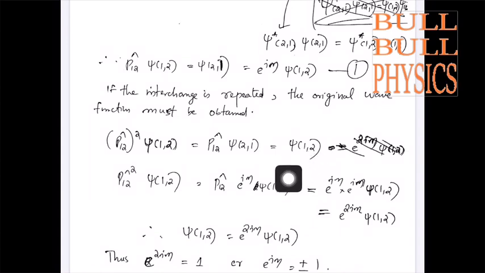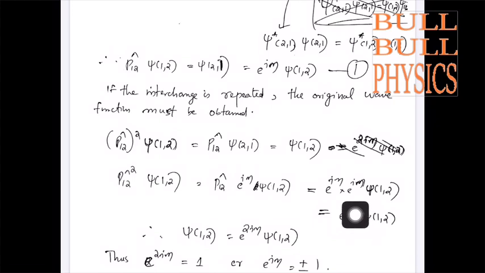Now as we said earlier, since these are indistinguishable particles, P12 psi12 is e to the i eta psi12. So like that I can write psi21 as e to the i eta psi12, and again P12 is acting on this.